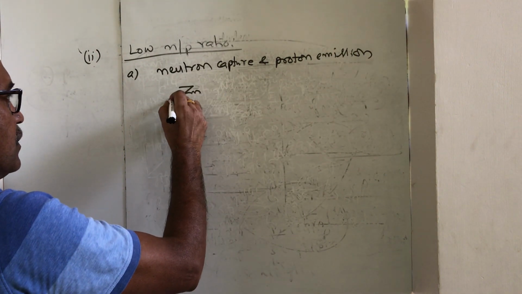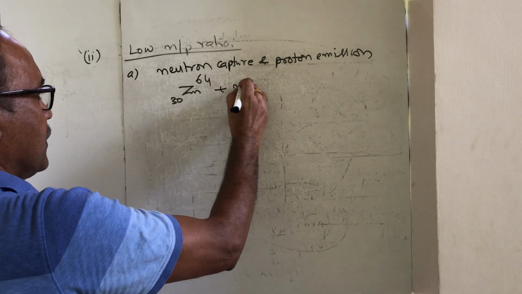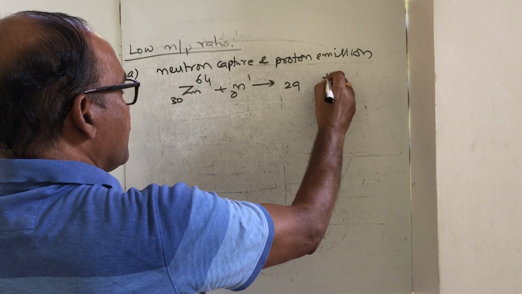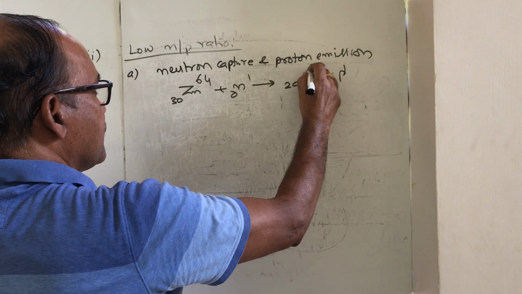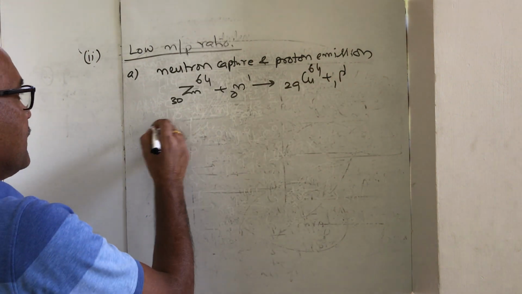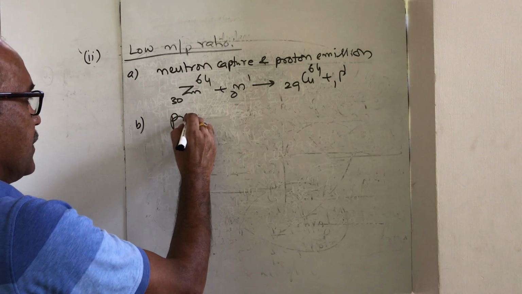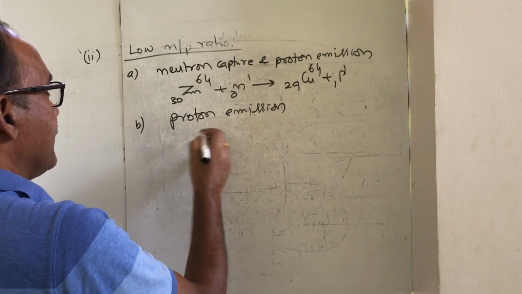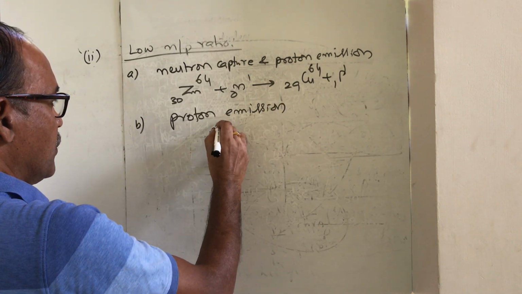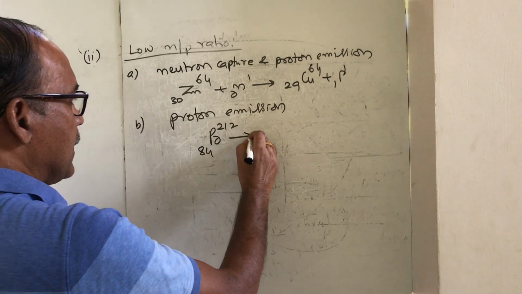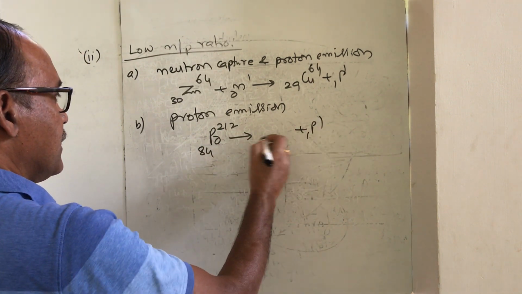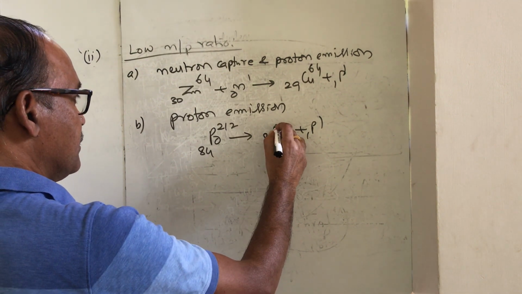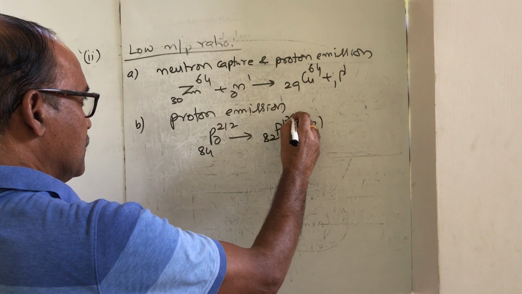You can give this example: zinc-64, atomic number 30, with neutron capture and proton emitted, gives copper-64, atomic number 29. And for proton emission, polonium-212, atomic number 84, a proton is emitted, giving lead-211, atomic number 82.